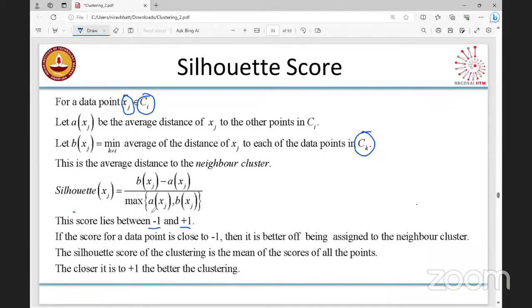Now this score can be interpreted as follows. If the score is close to -1, then it indicates that this particular data point would be better off in a neighboring cluster rather than the cluster it is in right now. And if it's +1, then it is in the right cluster.